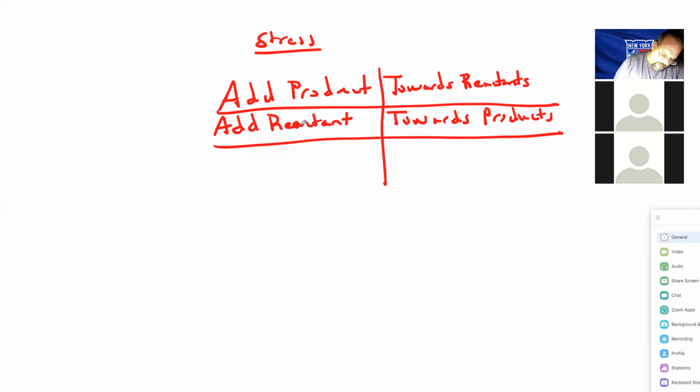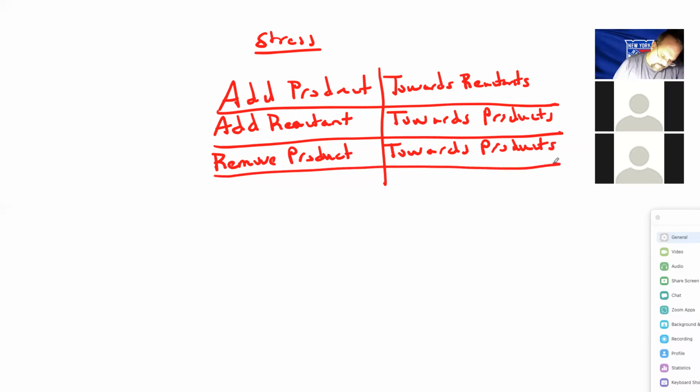Okay. If we remove product, the reaction will shift towards the products. And if we remove reactant, the reaction will shift towards the reactants.